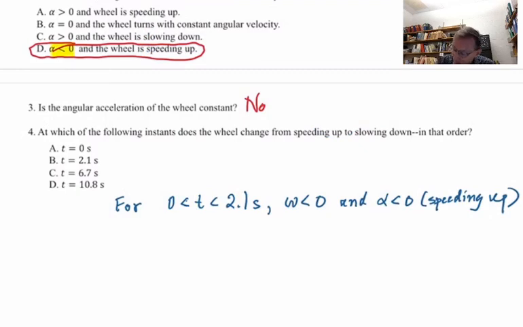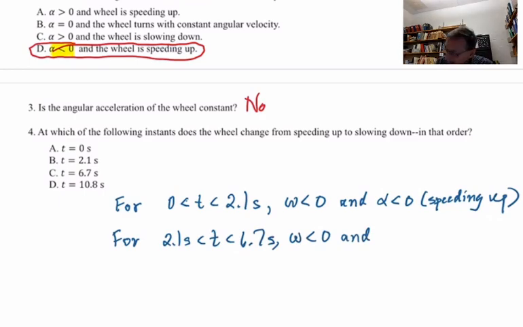For the time interval t between 2.1 and 6.7 seconds, the angular velocity is negative, and the angular acceleration is positive. Note, even though the angular acceleration is positive, because it has an opposite sign to the angular velocity, during this time interval, it's slowing down.